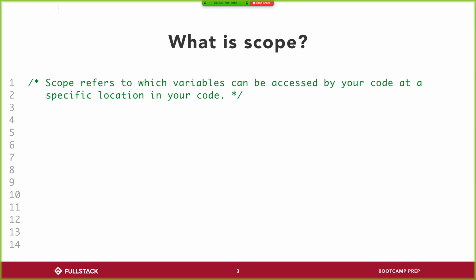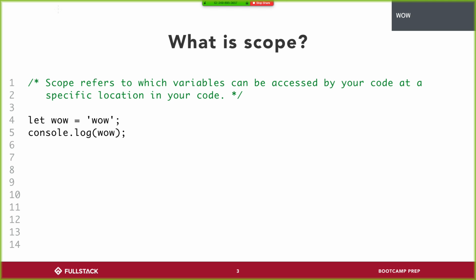And when it runs a function, scope is basically going to tell your engine which variables it has available to it. And if your function tries to access a variable that it doesn't have access to, then your code will stop running. It'll throw an error. So that's basically what scope is.